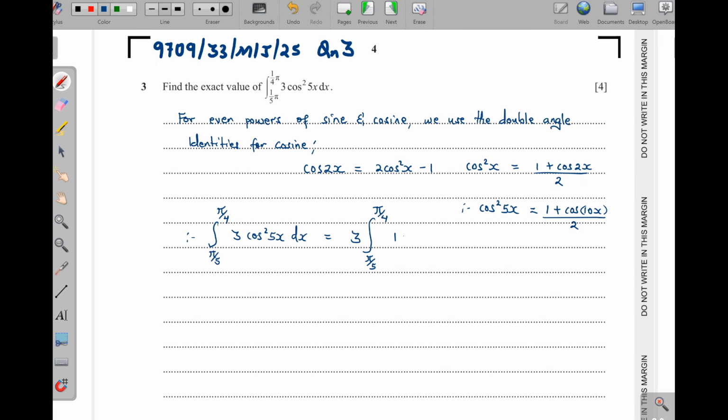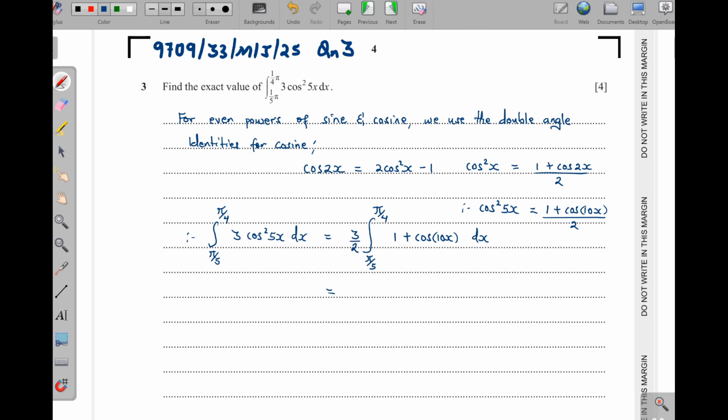So I'll have here 1 plus cos of 10x, divided by 2. Now, I can take out this half, the 1 over 2, and that means I'm going to have 3 over 2, because the half will come out here and multiply with the 3.